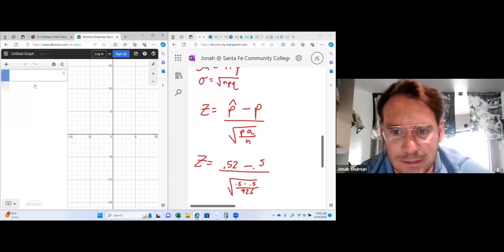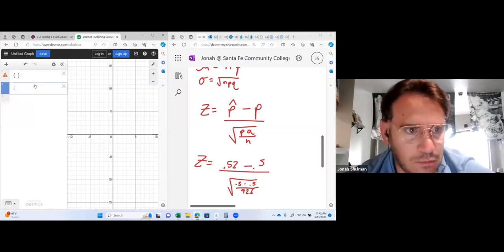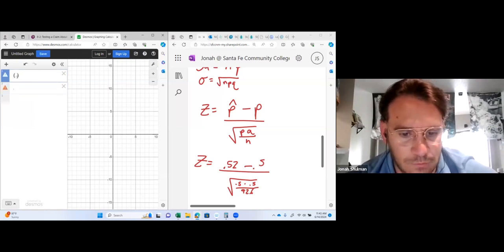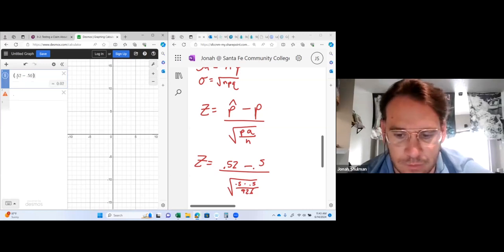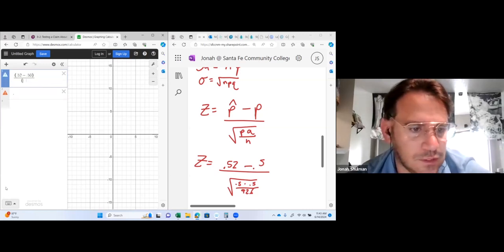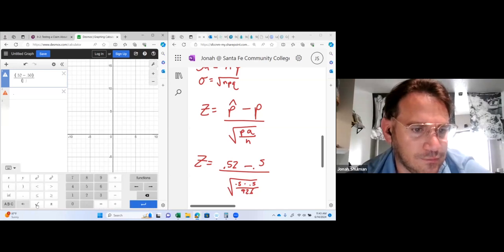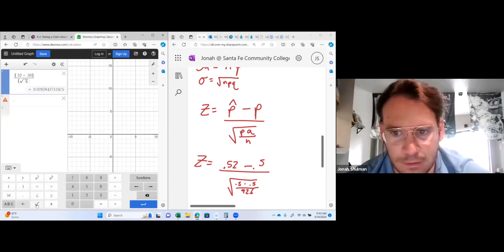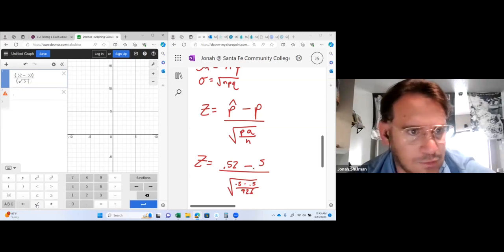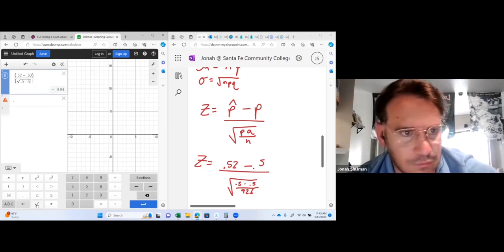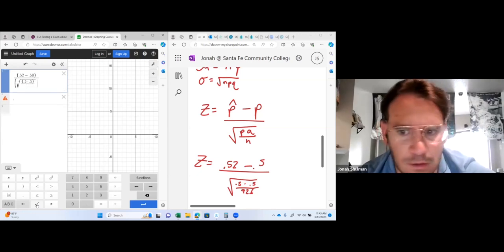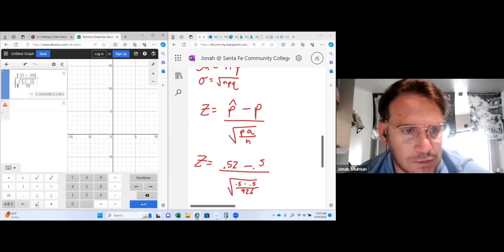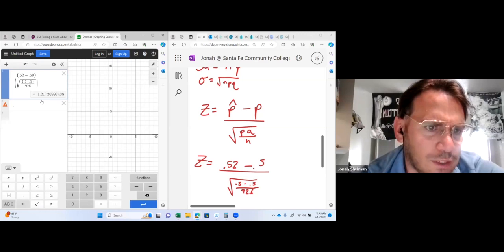This is how we get our z statistic. So 0.52 minus 0.50, divided by the square root of 0.5 times 0.5 divided by 926. And you'll see I have 1.22.